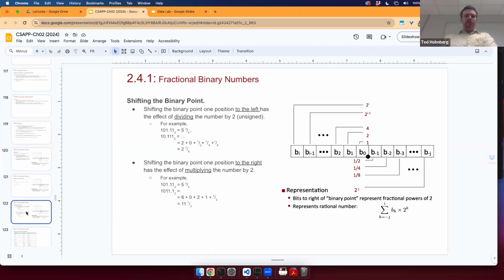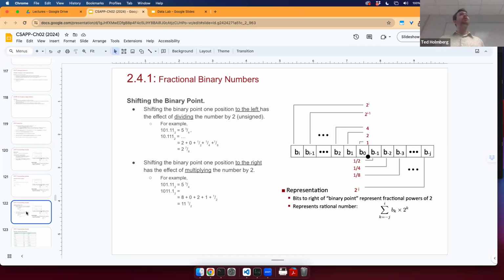Okay, so shifting the binary point one position to the left has the effect of dividing the number by 2. Let me map an analog to the math you've had in decimal representation. Just like shifting a point to the left or the right is the equivalent of changing something by a magnitude of 10 either way, so you make 1 go to 1/10, or you make 1 go to 10, just by shifting that point.